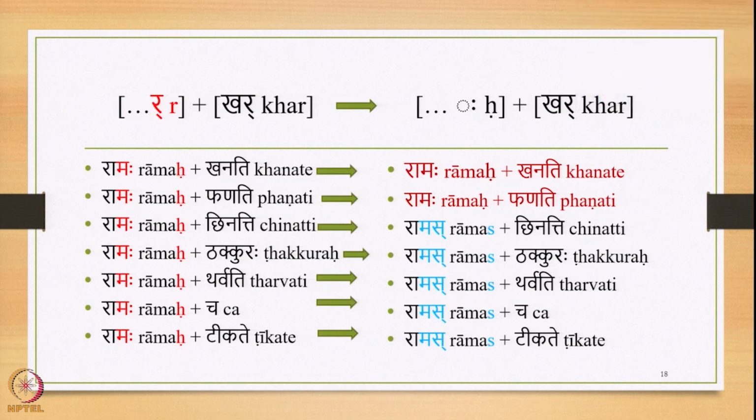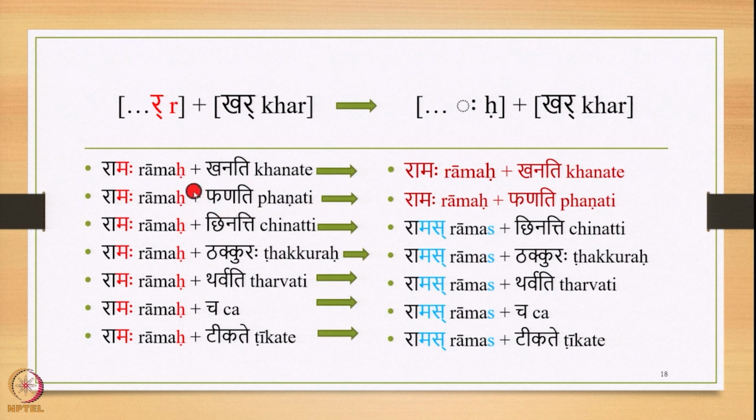Here are the examples, the same examples that we saw earlier. R plus khar and the output was visarga plus khar, and now this visarga plus khar becomes the input and the output generated is s plus khar.